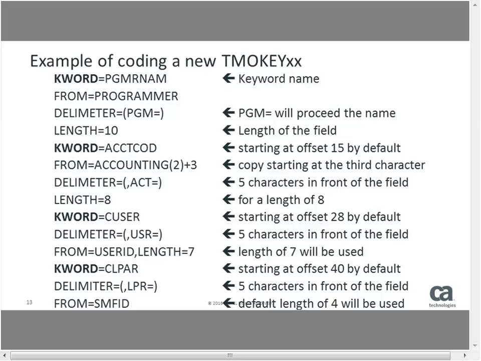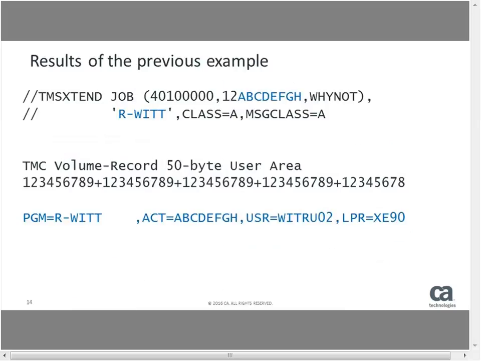I didn't have to code up any assembler exit, just the TMO key XX member in the PP options. What the result is when you run a job, and here's my example of what my job card looked like, the TMC record will contain the programmer name in the first 10 bytes, 8 bytes of information from the accounting data.